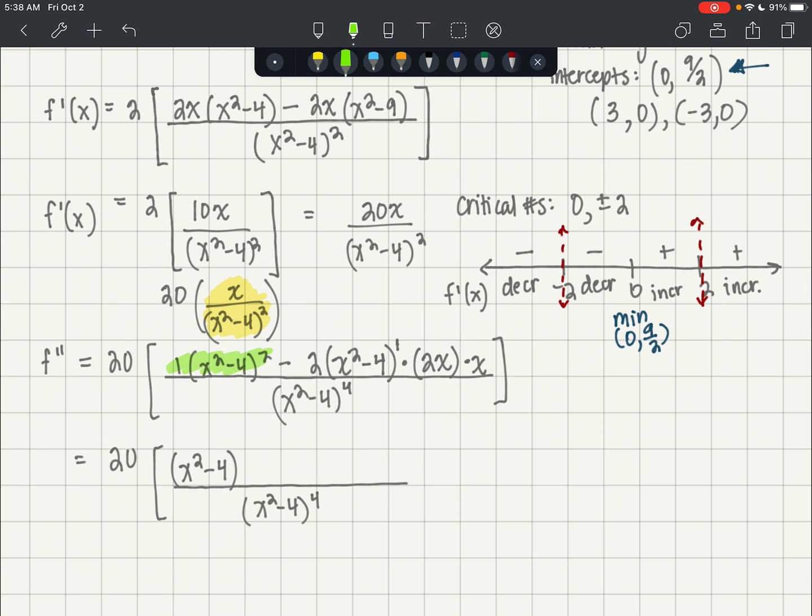Here's in green, and here's in blue. Between these two terms, they both share an x squared minus 4. So when I factor out that x squared minus 4, I'm going to get an x squared minus 4 left over from that green term minus 2 times 2x times x, which would be 4x squared.